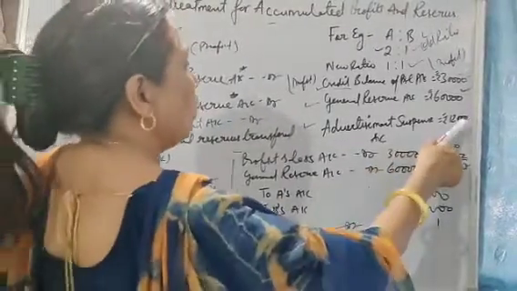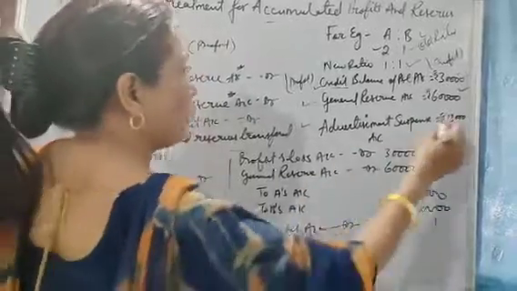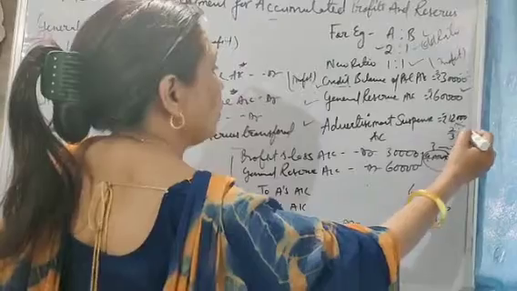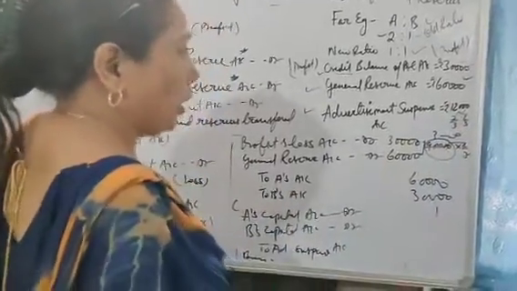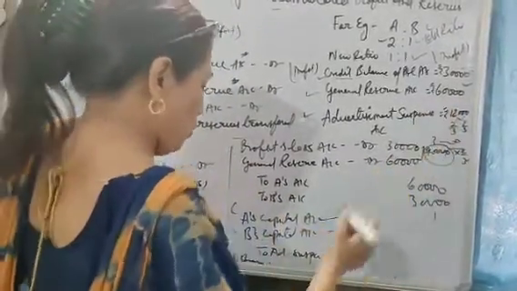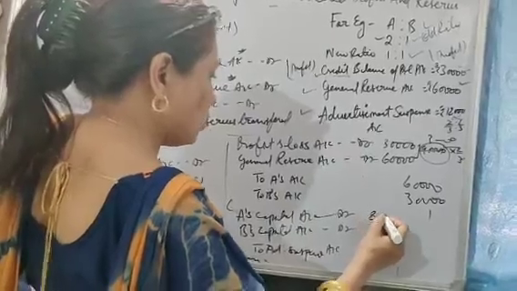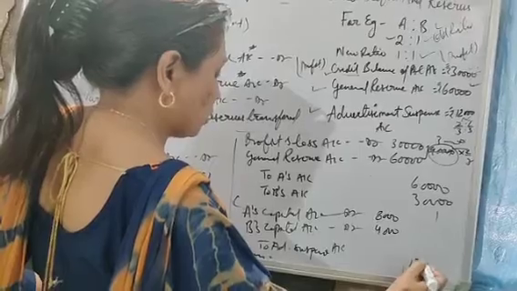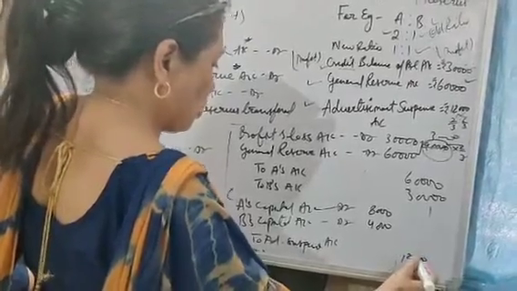Here amount is 12,000. 12,000 you have to divide into 2:3 and 1:3. Okay, so 3 4s are 12, so for A it comes 8,000, and for B 4,000, and that is 12,000. So in this way you have to prepare this entry.